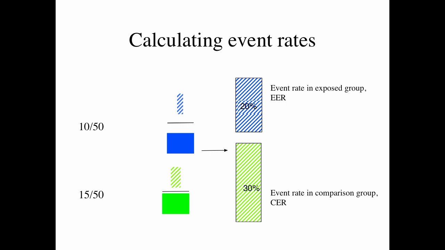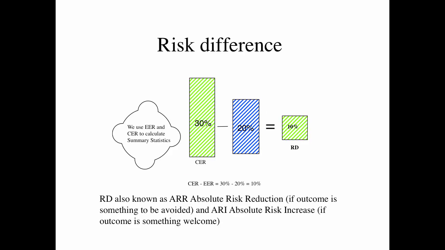For the group that had placebo, the comparison, we refer to those as the comparison event rate, CER. And some very simple maths will show you that the EER is 20% and the CER is 30%. Hang on to those numbers because we now use them to show the effect sizes, the so-called summary statistics.